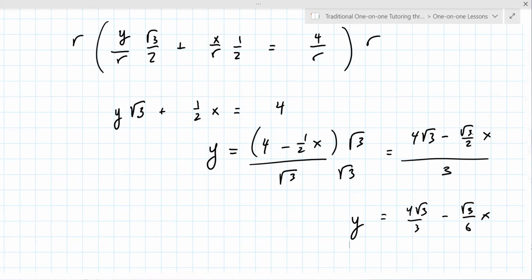Probably more than you wanted for that, but that is what's needed. If you really like hardcore algebra, that's what you've got for these. I don't know, maybe I made a sign error somewhere, because the answer is slightly different. It's got the root 3s in it, but they've got different denominators. I don't know.